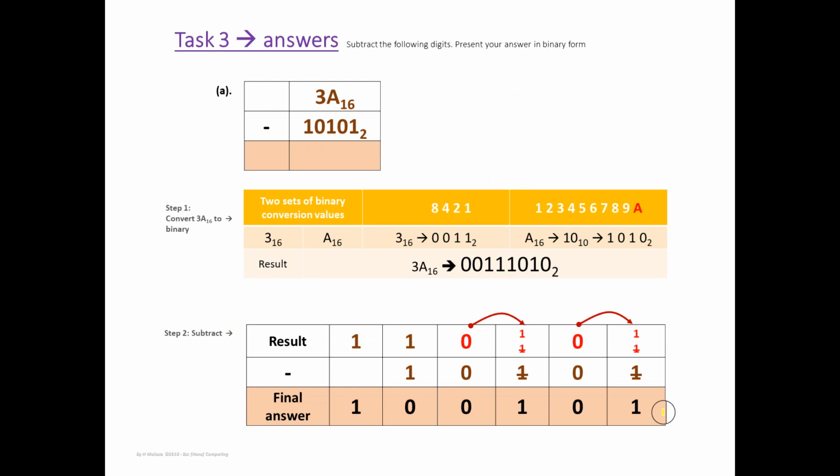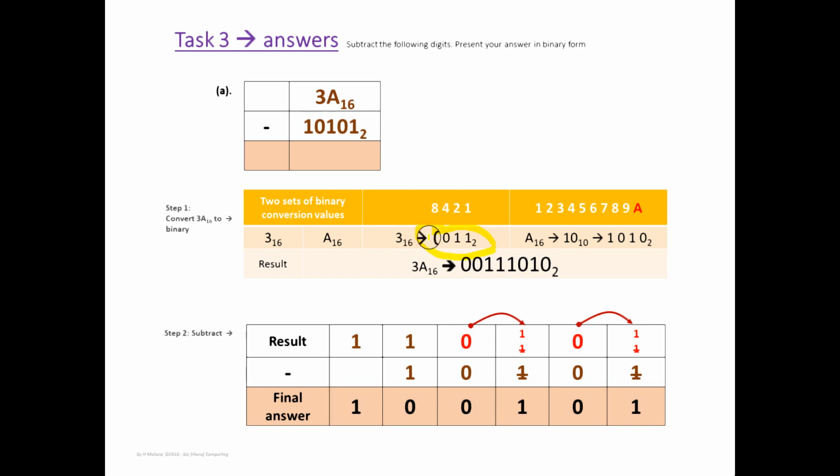First set of answers, for A. Now remember one thing when you are converting these values. The first time I told you that you don't have to write the two zeros at the far left, but in this case you leave the zeros. Do not remove them. So 3 will not be 1 1, it will be 0 0 1 1.